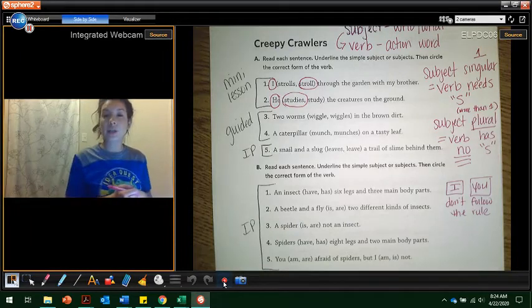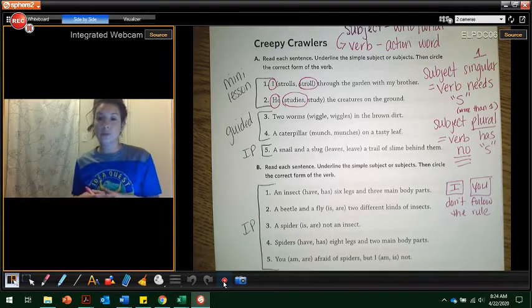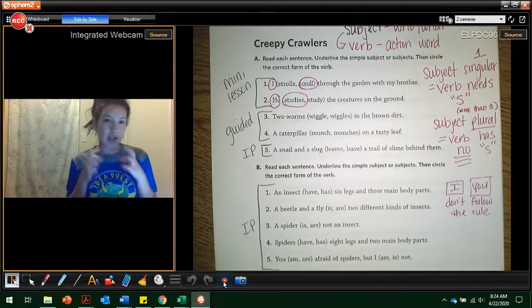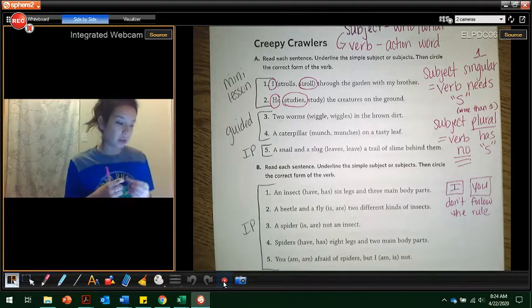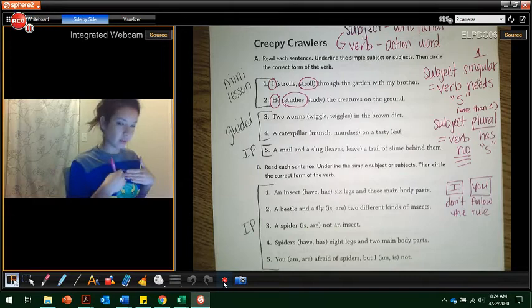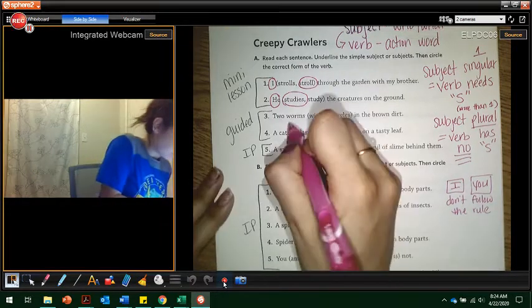So let's look at the next one. Two worms blank in the brown dirt. Now I only want to know the subject, okay? The exact subject, the simple subject. What is that main word that's connecting with the verb? If you thought worms, you are correct.